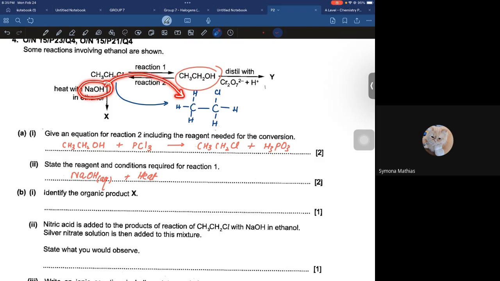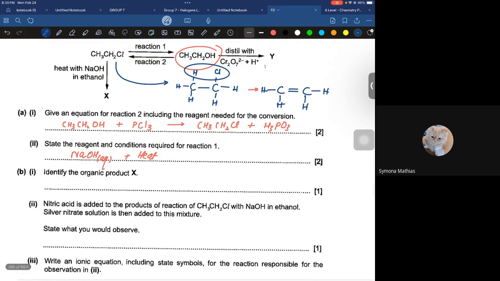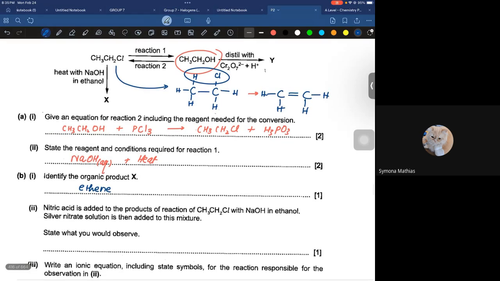So NaOH in ethanol, this Na would react with this Cl, and this OH would react with this H. As a result, HCl would be removed. So you would be getting your alkene. So what is this? This is ethene.